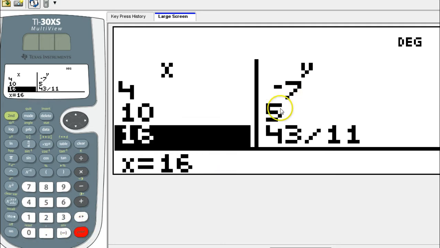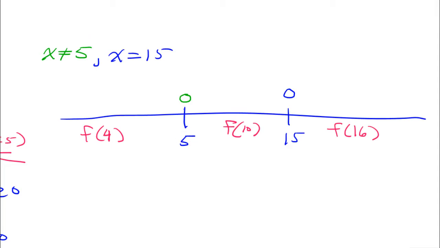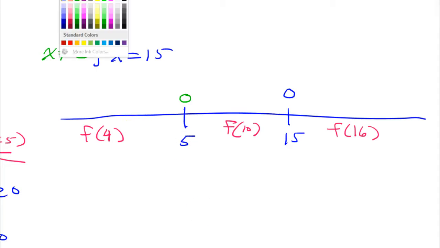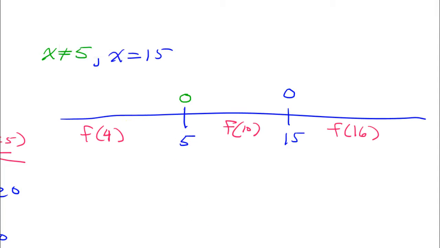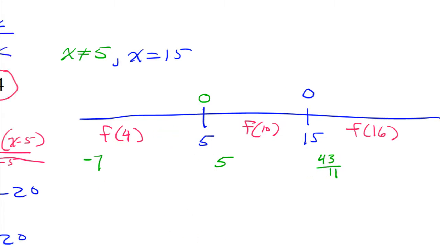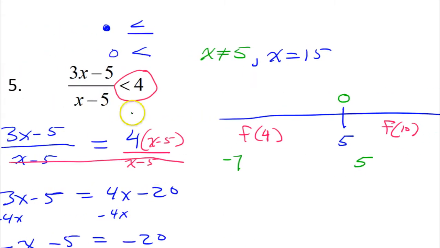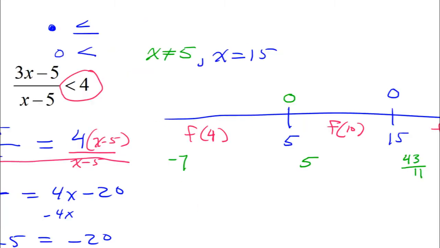All right, so I've got negative 7, 5, and 43/11. Remember the question is, is the function less than 4 at these values?